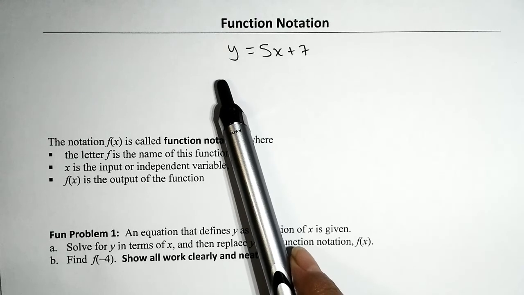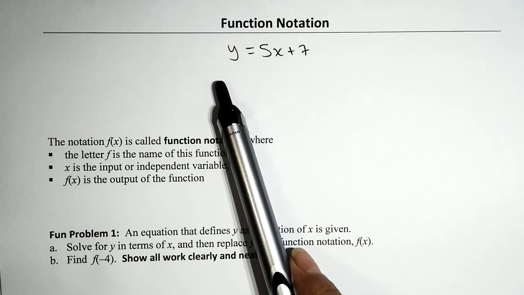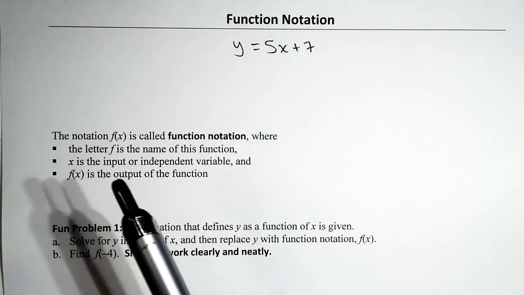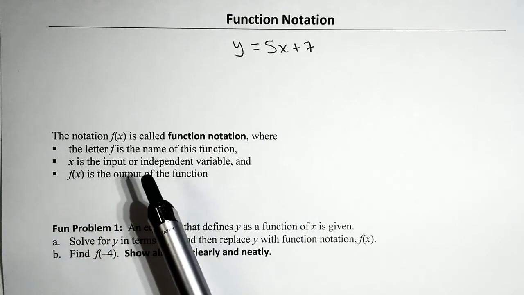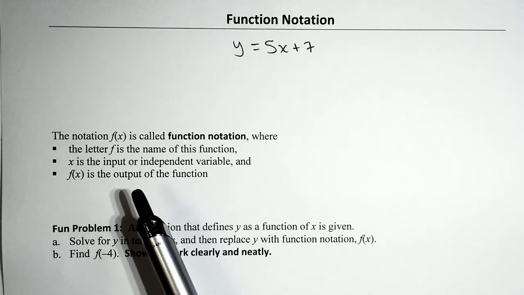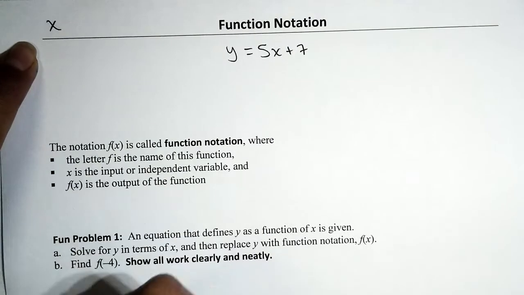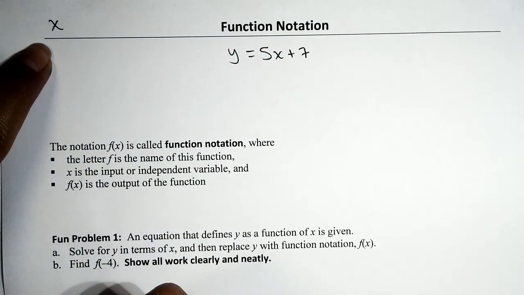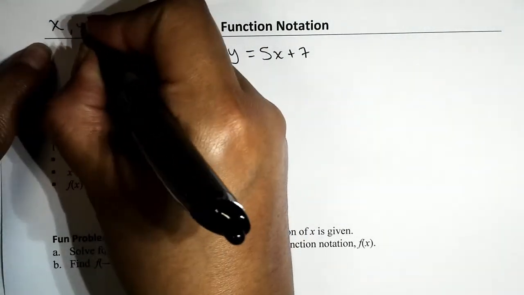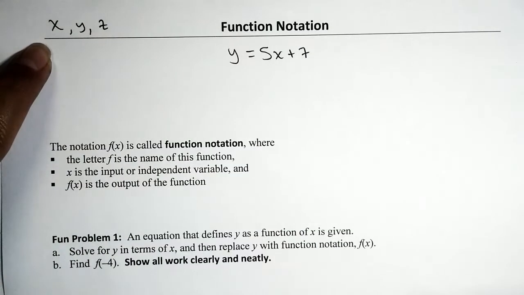Now, if I had to introduce a variable, like in a word problem, I would say you can use any variable of your liking to represent the unknown. We know that x is the most popular letter used to represent an unknown value, followed by y, followed by z.